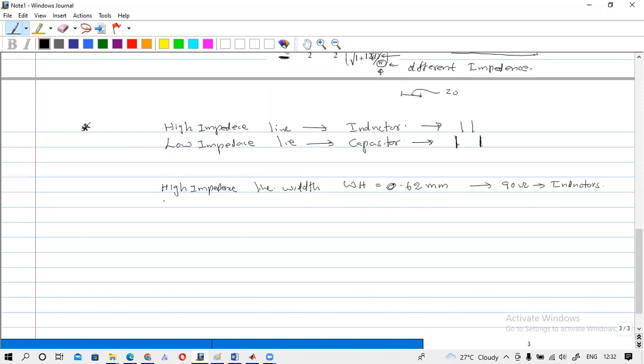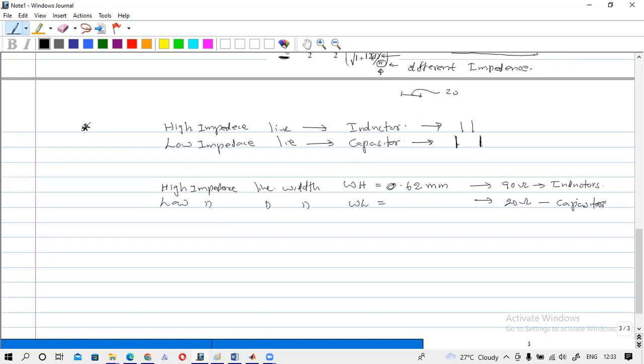Now we have to calculate the low impedance line width, let's say WL. It is related with 20 ohm, and it is for capacitors.